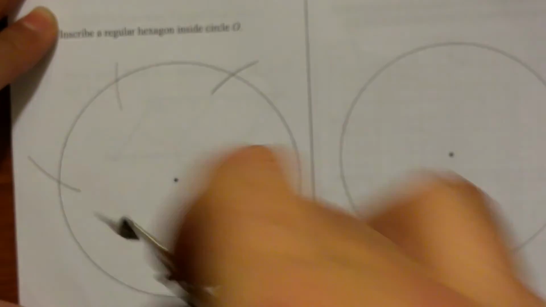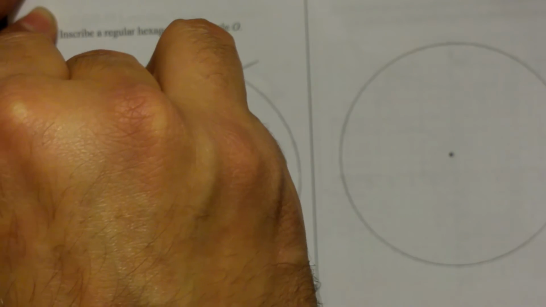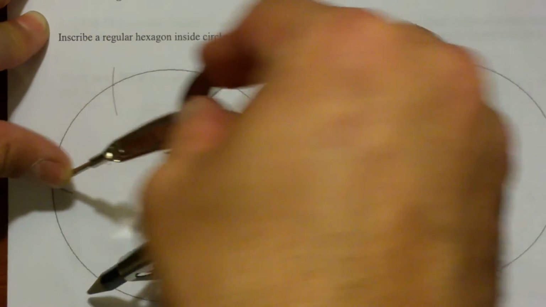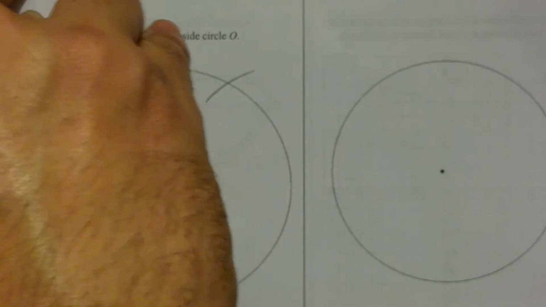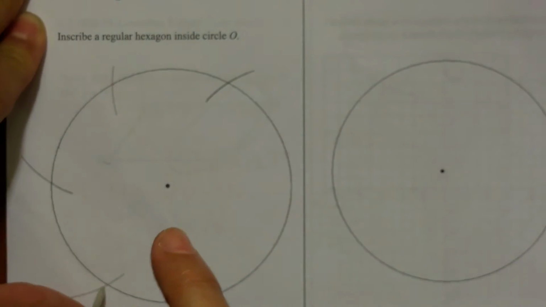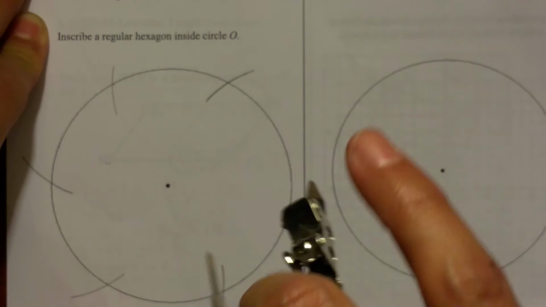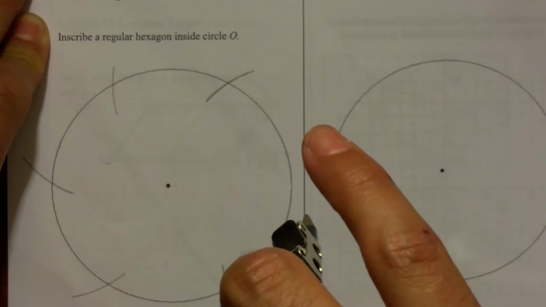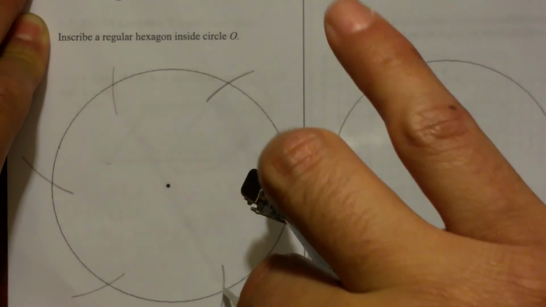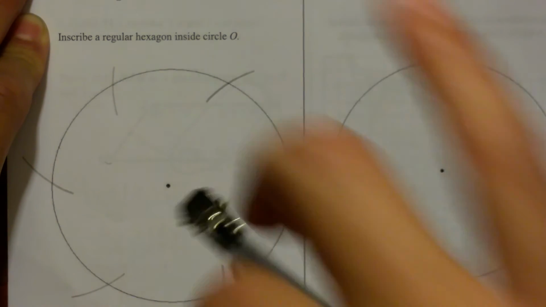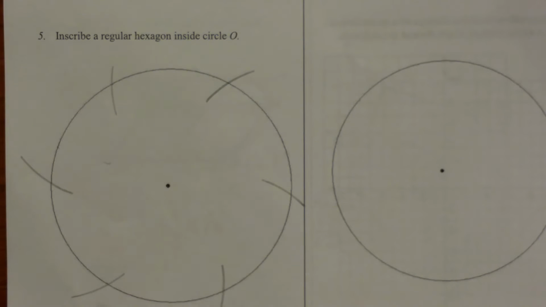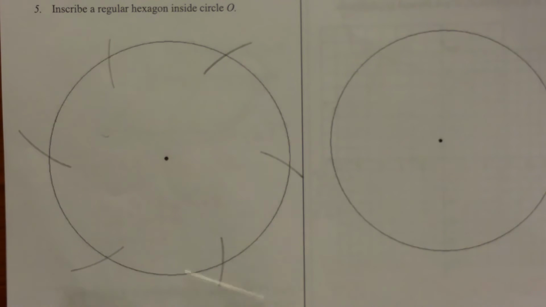So I'm going to keep going around the circle like this. There we go. So I walked all the way around. I made it all the way back to the beginning.